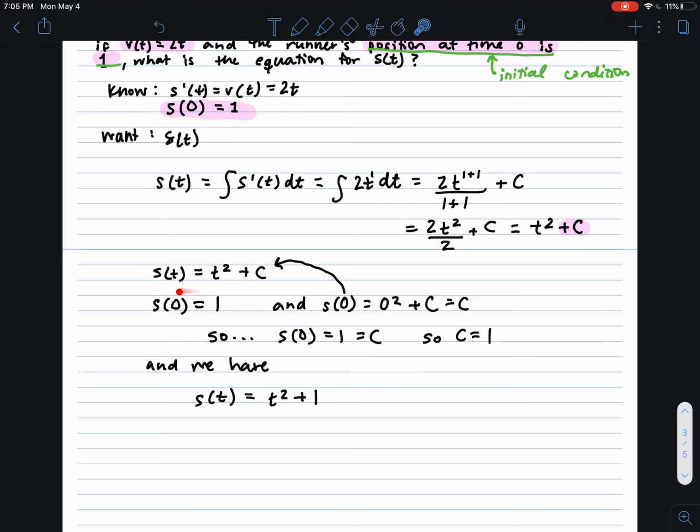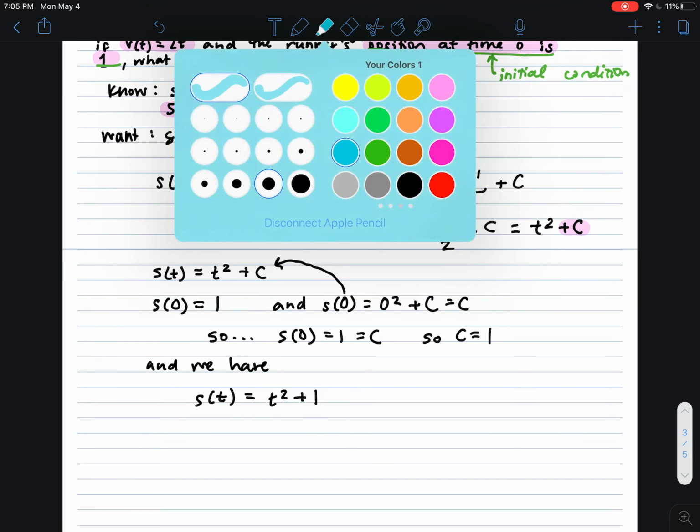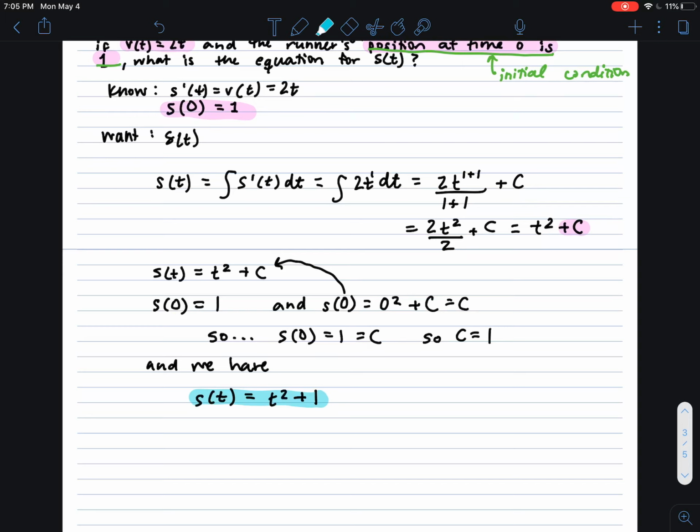So our initial condition was s of 0 equals 1, and then we plugged in a 0 to the function that we found using the power rule, so finding the antiderivative, and we used that to get rid of basically the t's, so we could solve for c by noticing that these two functions have to be equal to each other, right? Okay, so then this is our answer for the position function.